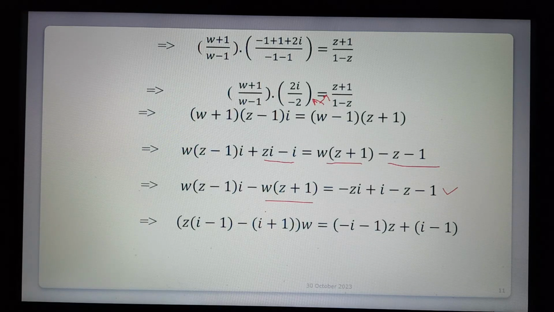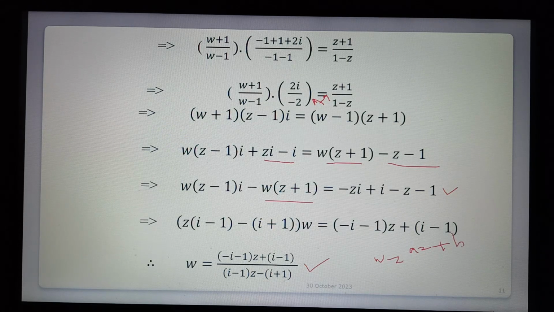Therefore w is equal to the right side over the denominator: (-i - 1) z + (i - 1) over (i - 1) z - (i + 1). Look, this is the required bilinear transformation. It has the form w = (az + b)/(cz + d). This is a, this is b, this is c, this is d. So this is the required bilinear transformation.